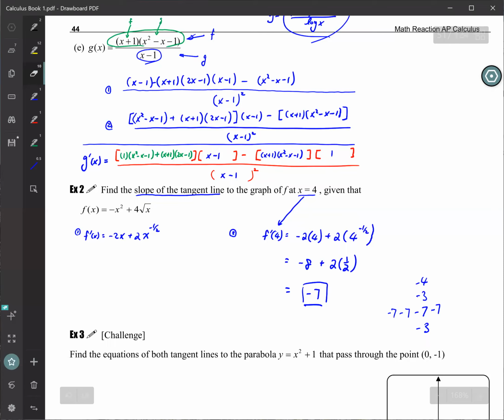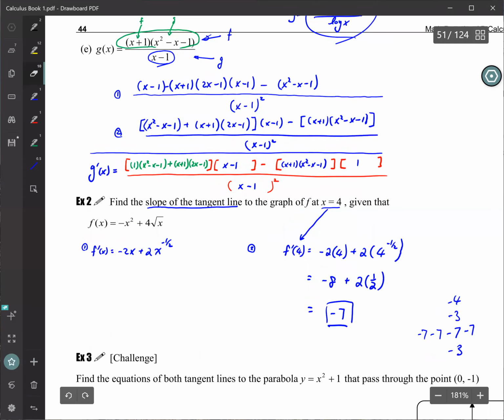All right, so compare these two questions. I put these two next to each other for a reason, because they look very similar, right? They both give you a function. Question 3 gives you a parabola, and question 2 also gives you some function, which I don't know what that looks like.